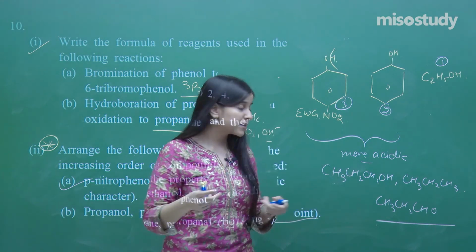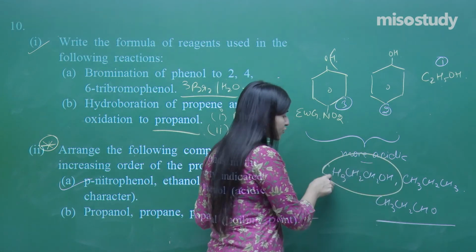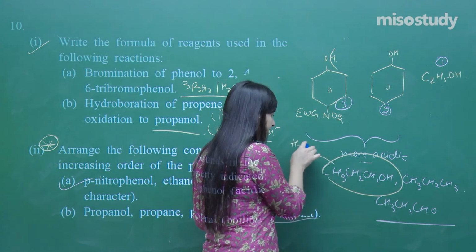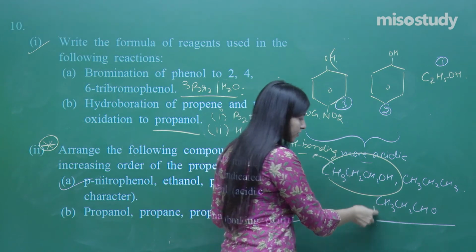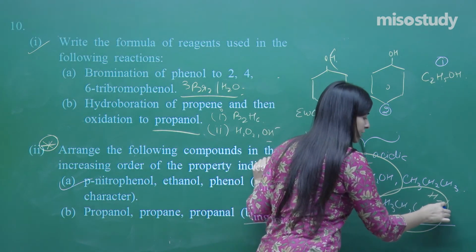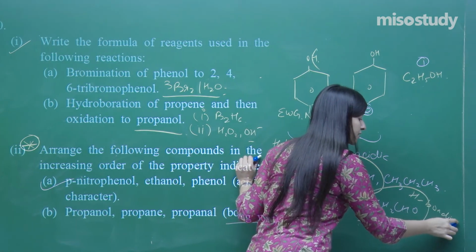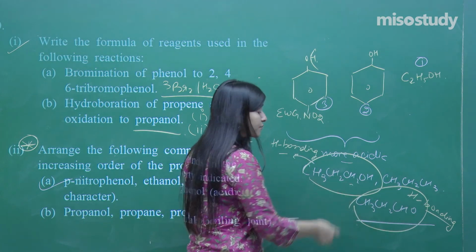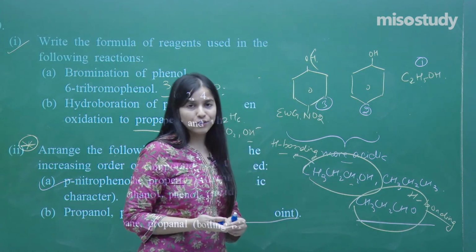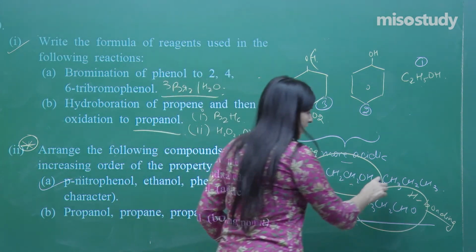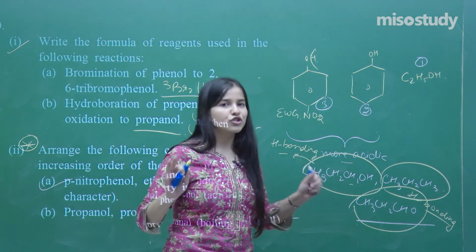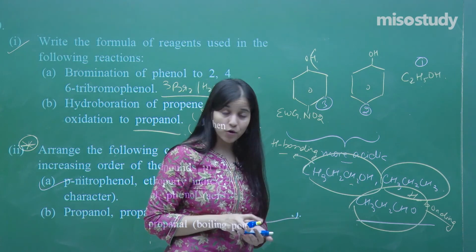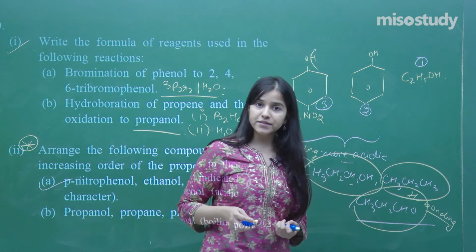How the interaction has been done, see here. In case of alcohols, yes, there is H bonding. Also in the aldehyde, there will be H bonding, fine, but not that good as compared to the alcohols. We already have done this concept before, right? And if I try to compare it with a simple hydrocarbon, no chance of having any kind of H bond, no electronegative atom present over here.